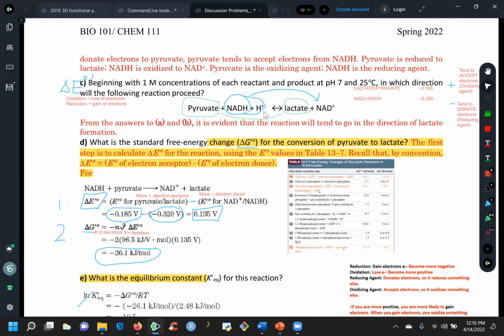It could be accept, donate, oxidizing agent, reducing agent, standard reduction potential is more negative, standard reduction potential is more positive. After today's lecture, you should be completely able to answer all of those questions correctly. Okay?